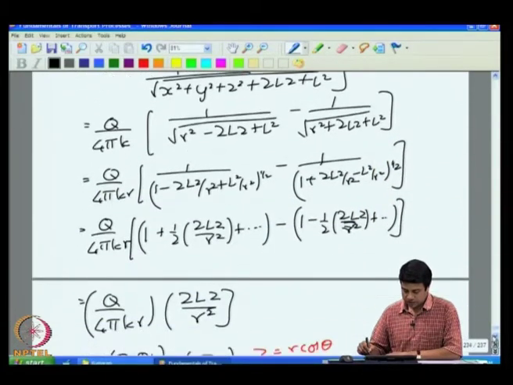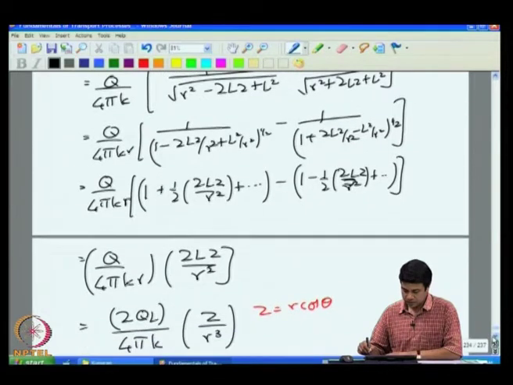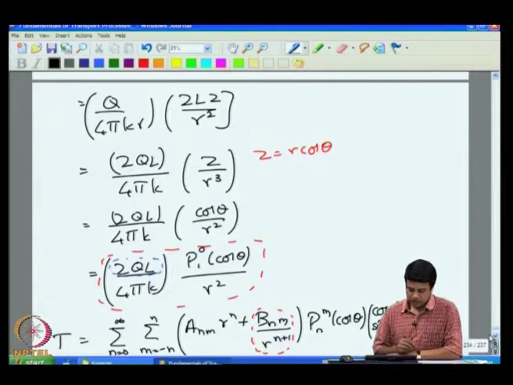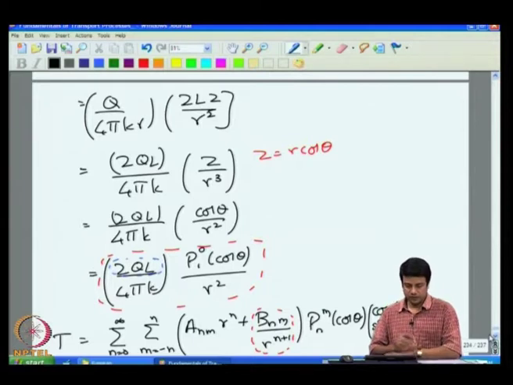Even though the source and sink are coming closer and closer to each other, L is going to 0. However, this dipole moment 2qL has to be a constant. Okay. So, that means that Q has to increase, L has to decrease in such a way that the product Q and L remains finite even in the limit as L goes to 0. Okay.